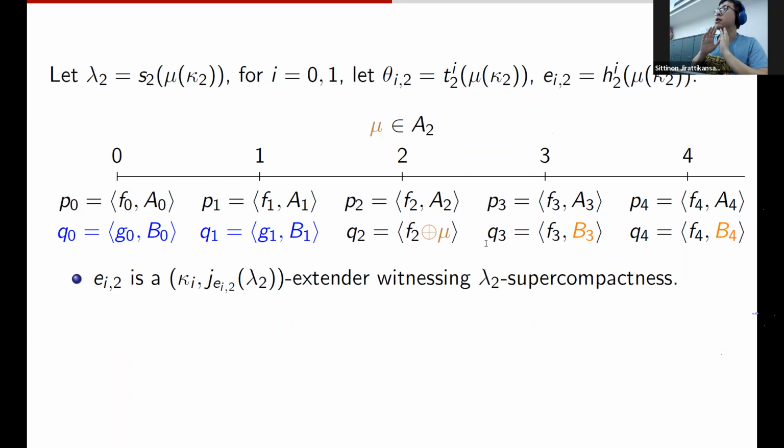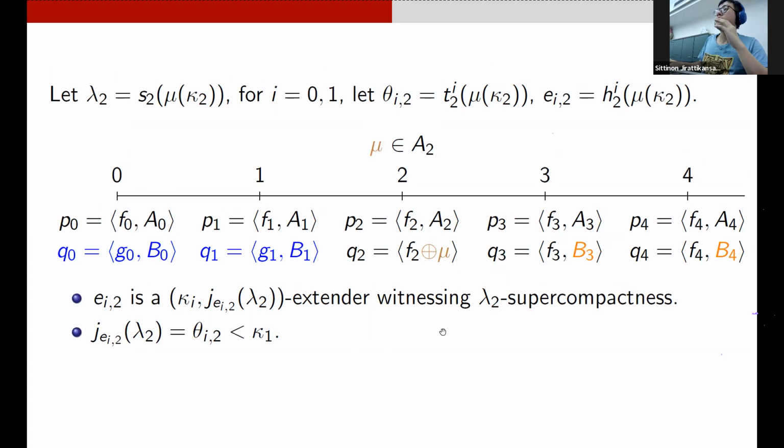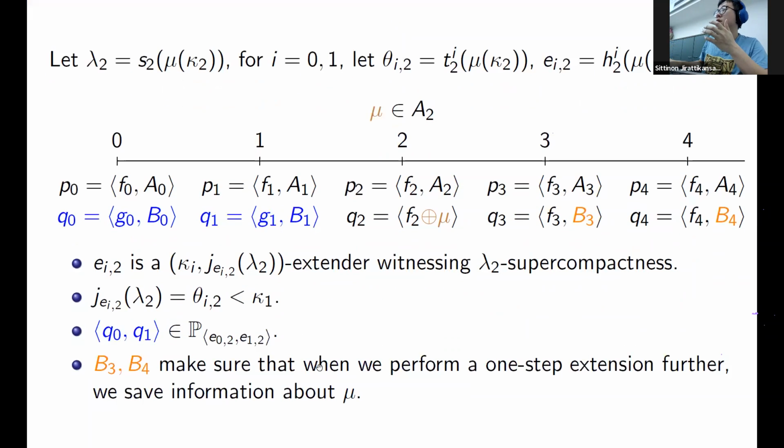And remember that everything here, J_{e_{i2}}(lambda 2), is below kappa 2. So in conclusion, the ordered pair q0 and q1 will live inside some much smaller forcing. When I say it's a much smaller forcing, it lives inside something like V_{kappa 2}. And for q3 and q4, just make sure that when you perform a one-step extension further, it does make sense.